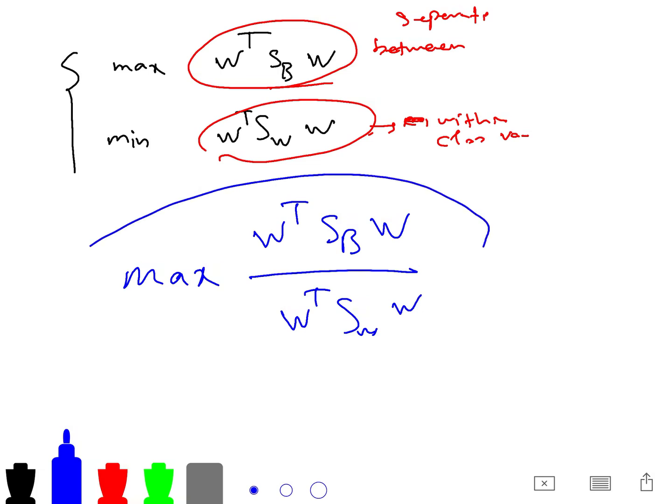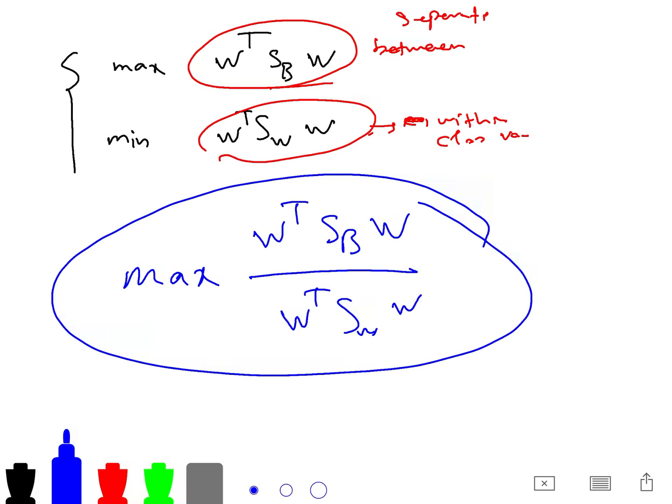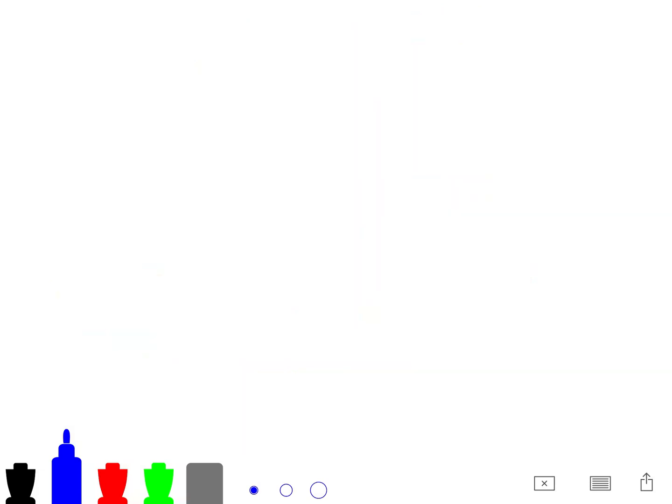And so how do you want to solve this? One way to solve that is to maximize the numerator, which is W transpose SB W, subject to the denominator W transpose SW W equal to 1, on a circle or a sphere.